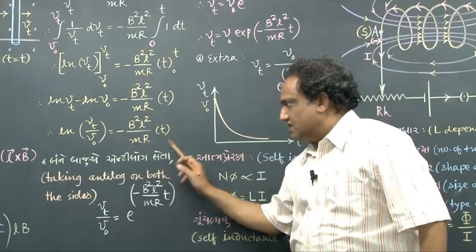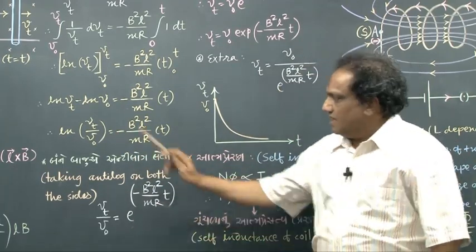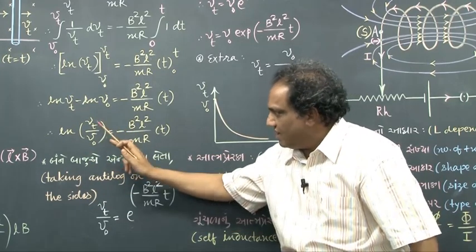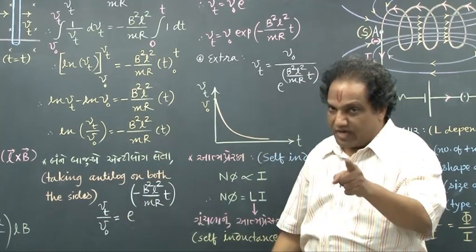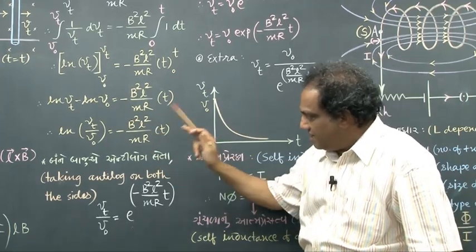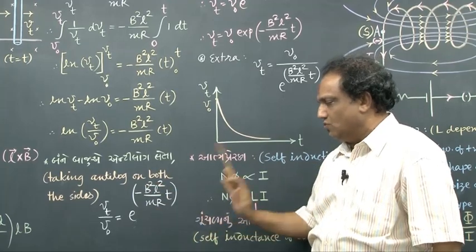So anti-log of this is e raised to minus B square L square upon mR into t.